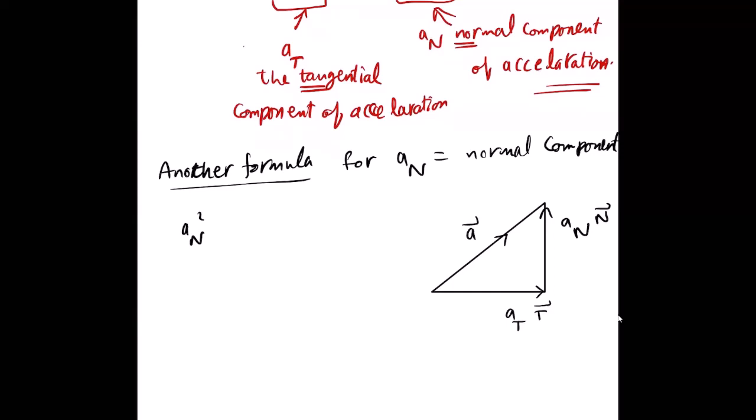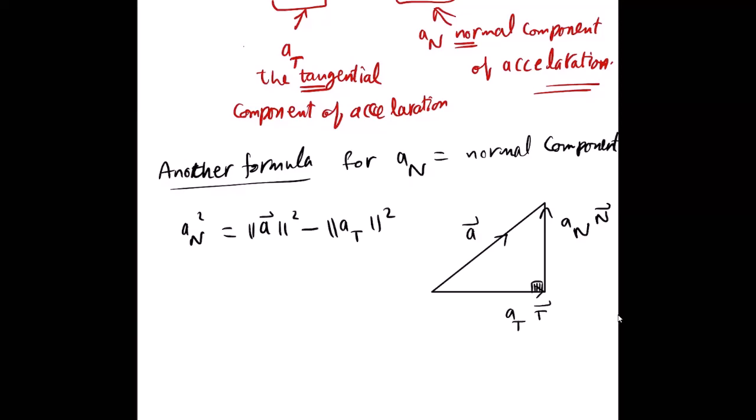So by the Pythagorean theorem, a sub N squared is the magnitude of A squared minus a sub T squared.